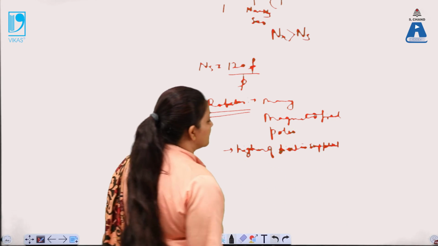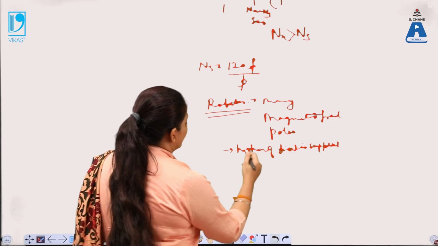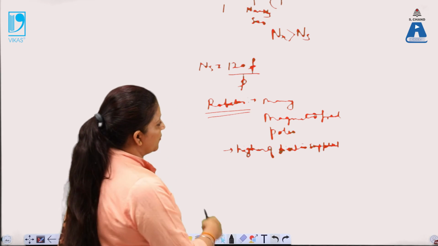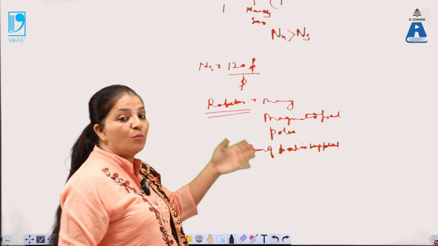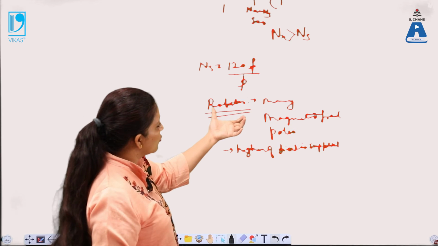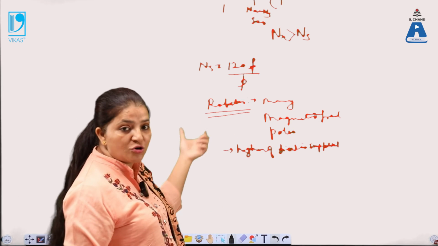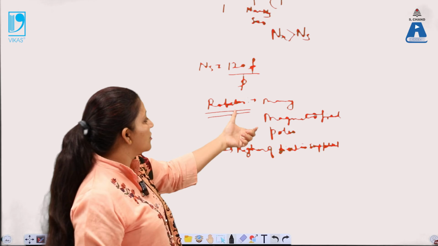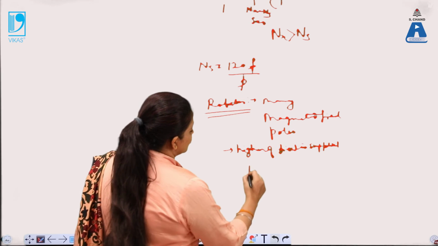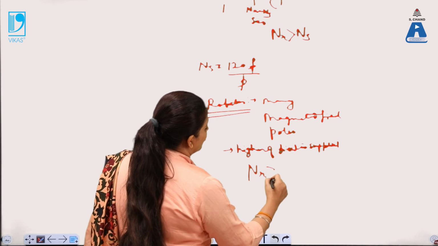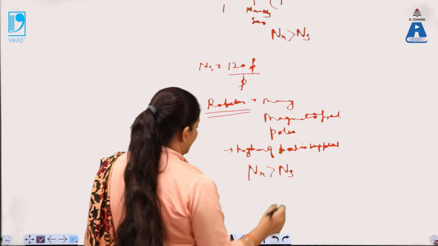Now if the higher value of field is supplied, the poles start rotating with more speed. So the rotor will start moving with more speed. So the speed of the rotor can be increased. So NR will be more than NS.